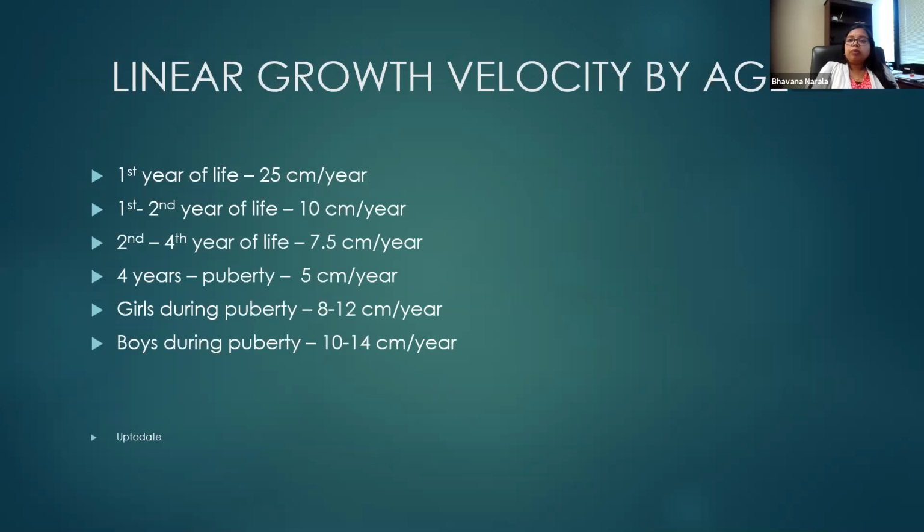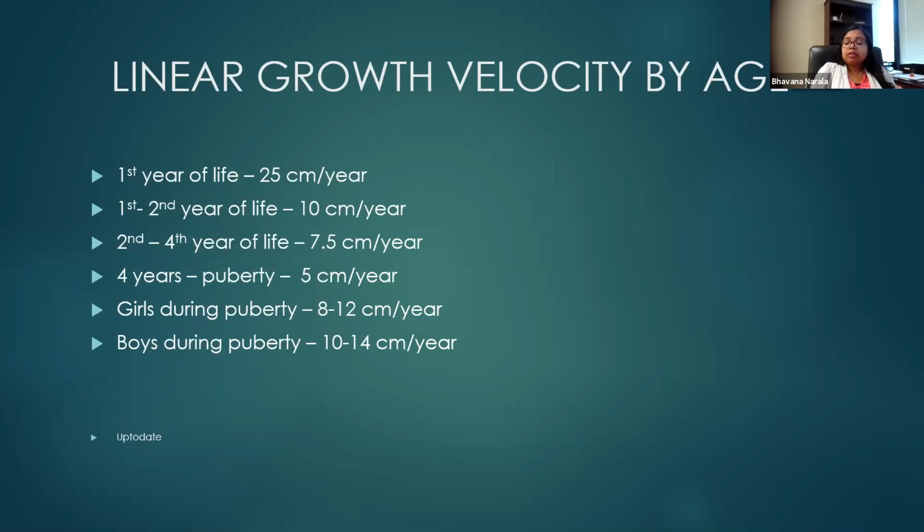There are a lot of times we look at linear growth velocity by age. If I have a patient who's coming in at 11 or 12 years of age, who is certainly pubertal, I'd expect to see a pubertal linear growth velocity.